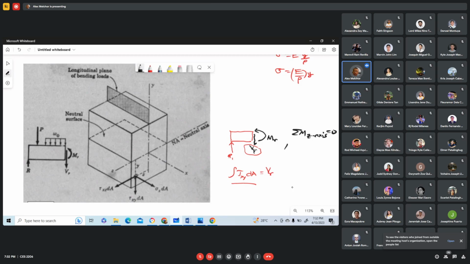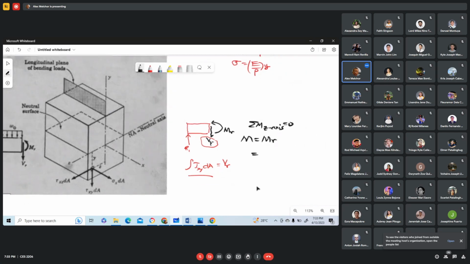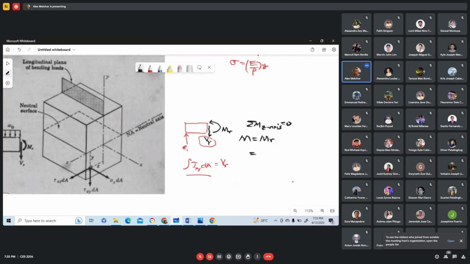The bending moment due to the loading is equal to, and this resisting moment is equal to the integral of the moment of this force about the z-axis.